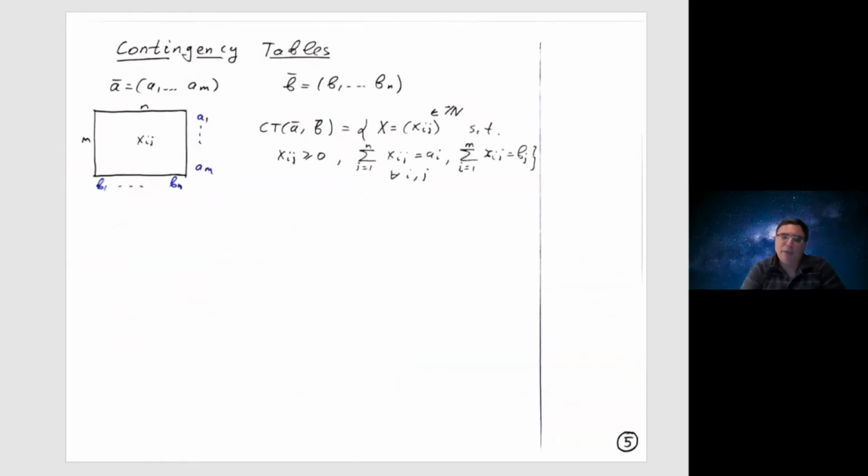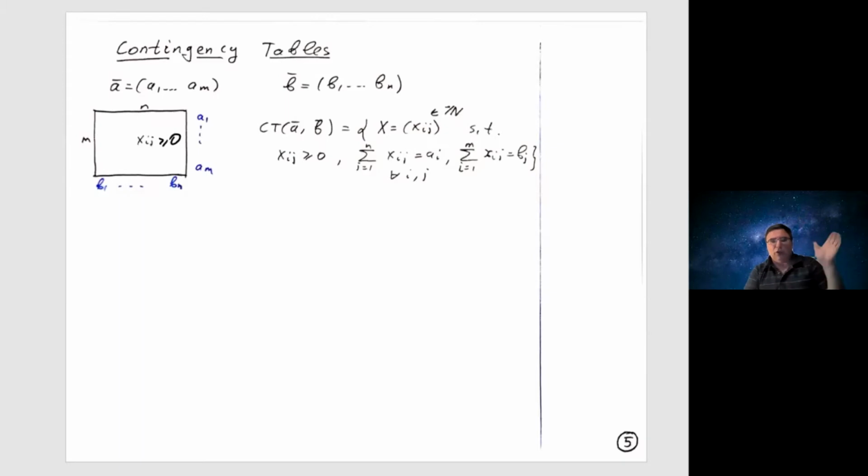I want to mention my personal favorite problem. This is a problem which is closely related to the previous one. It's about the number of contingency tables. Contingency tables are integer matrices, so every xij is greater or equal to 0, and rows add up to ai's and columns add up to bj's.